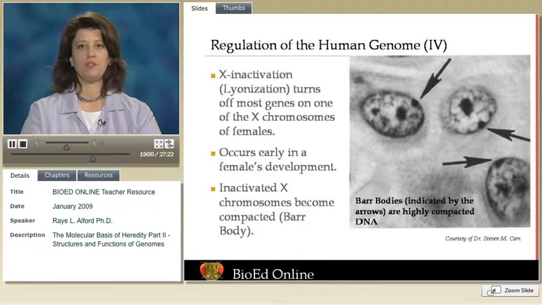For example, if a structural abnormality disrupts the pattern of X inactivation, most or all of a female's cells will express genes from a single X chromosome. If there are genes on that chromosome that are disrupted by the structural abnormality, and those genes cause a disorder, the female can show symptoms of the disorder.